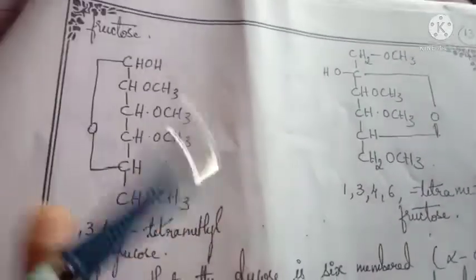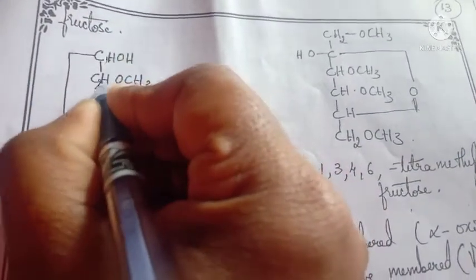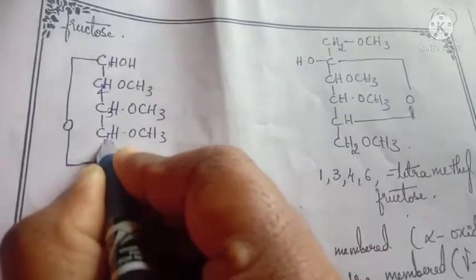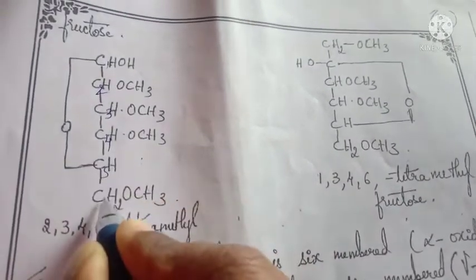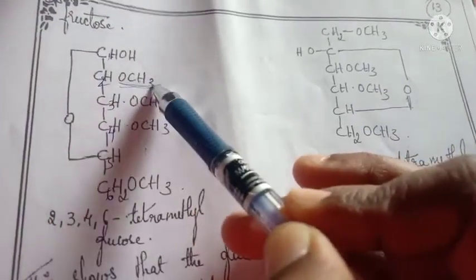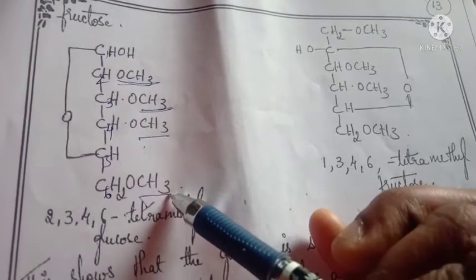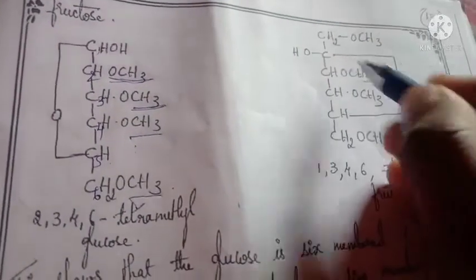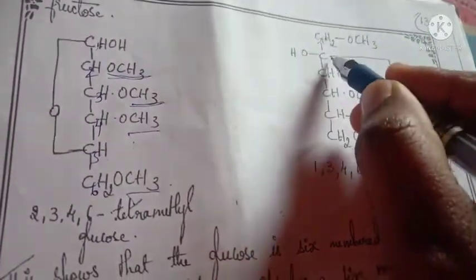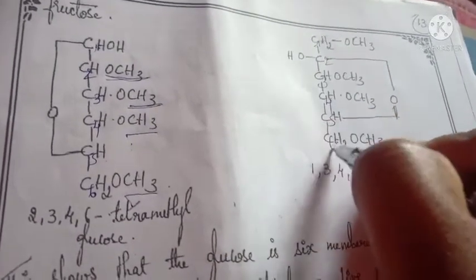Here you have to observe by giving a numbering 1, 2, 3, 4, 5, 6. On which carbon atom is the methyl group present? 2, 3, 4, 6. And here also you have to see this 1, 2, 3, 4, 5, 6.